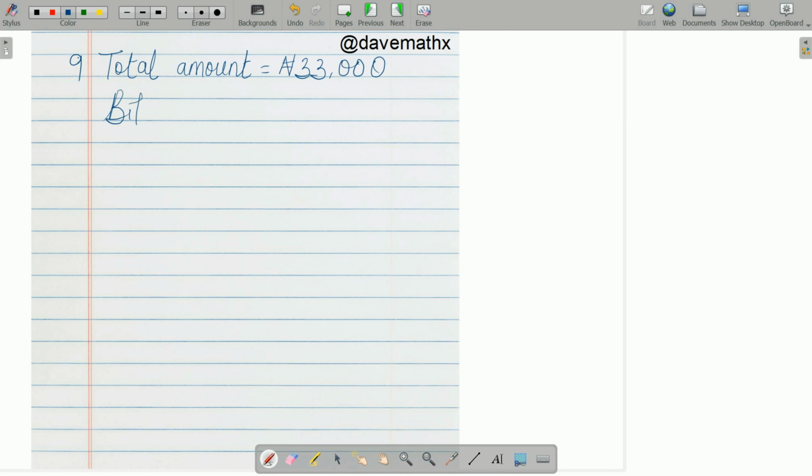His bills is 1/3 of his salary. So we multiply 1/3 by 33,000 to get the actual amount he spends in naira. 3 into 33 is 11, and that makes the answer 11,000 naira. He spent 11,000 naira.